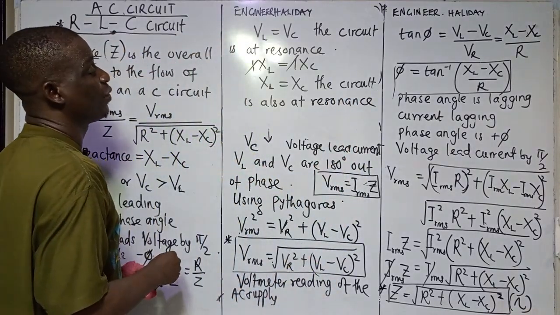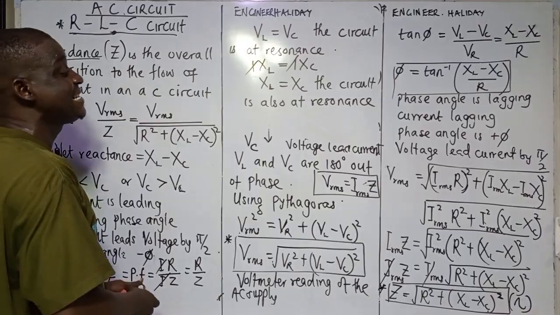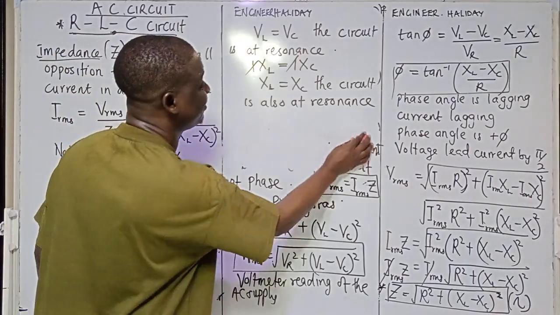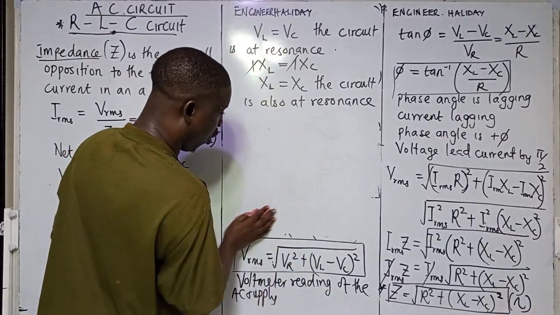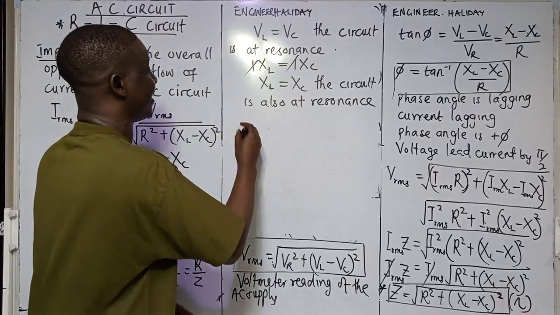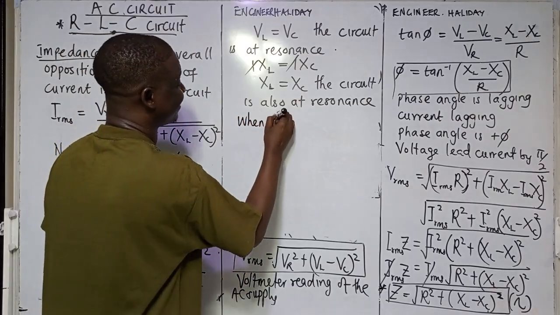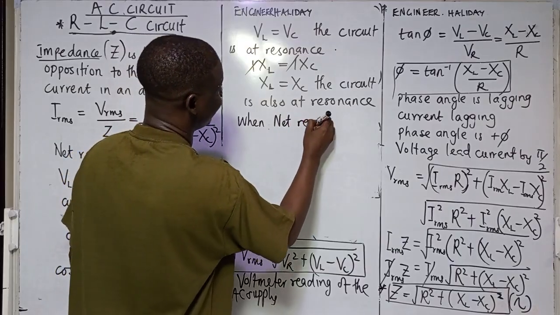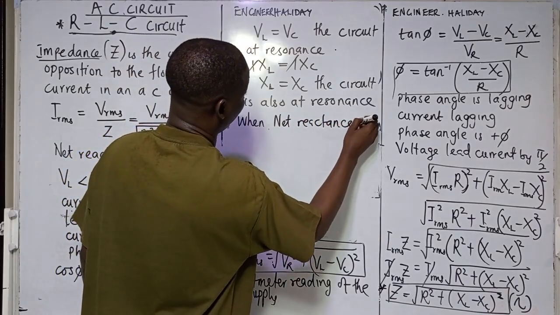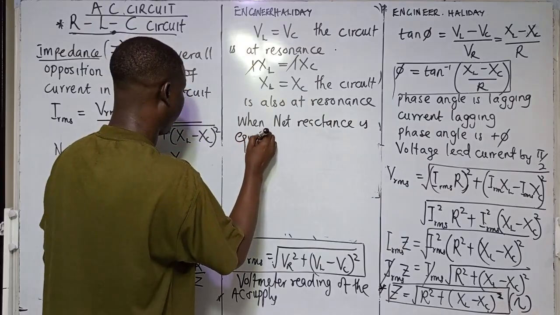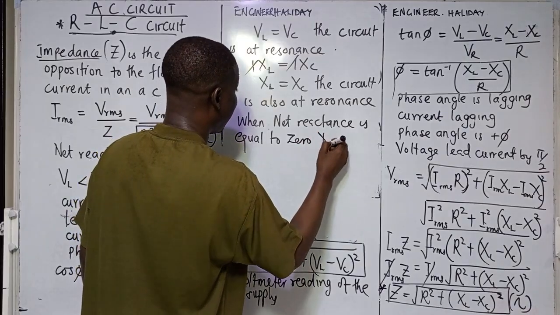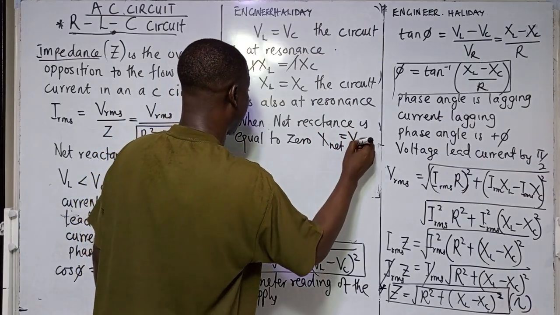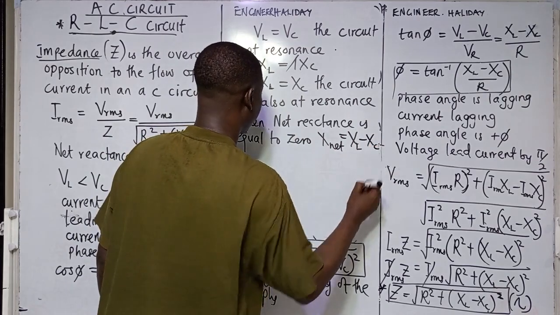What is resonance? Resonance occurs in an AC circuit when the inductive reactance is equal to the capacitive reactance, or when the net reactance is equal to 0. Don't forget, net reactance X net equals XL minus XC.